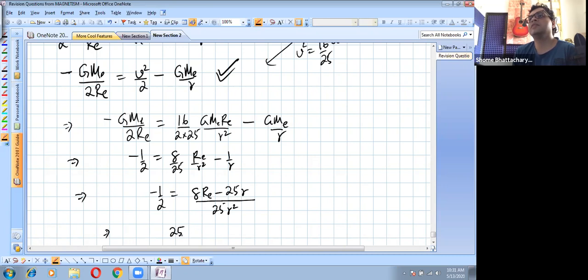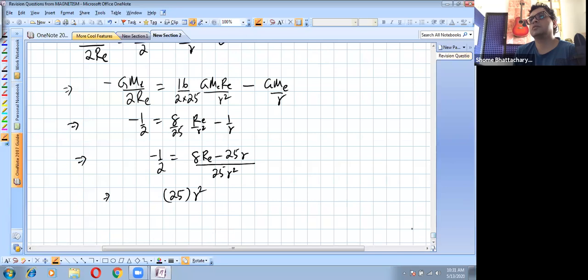So 25 R square. So we got everything dimensionally correct. There's a 1 by RE.